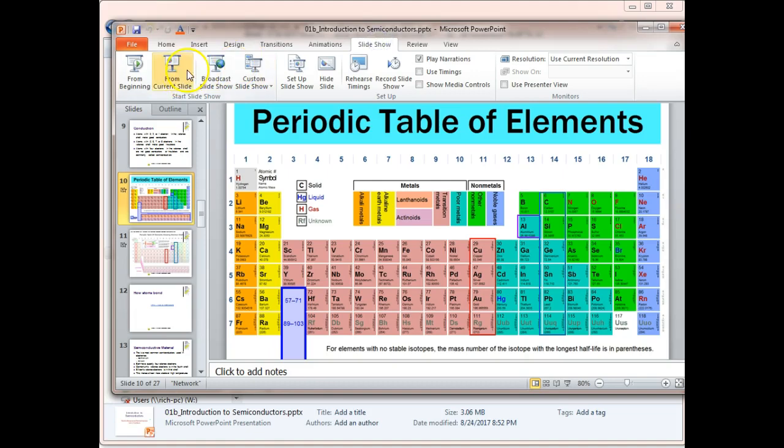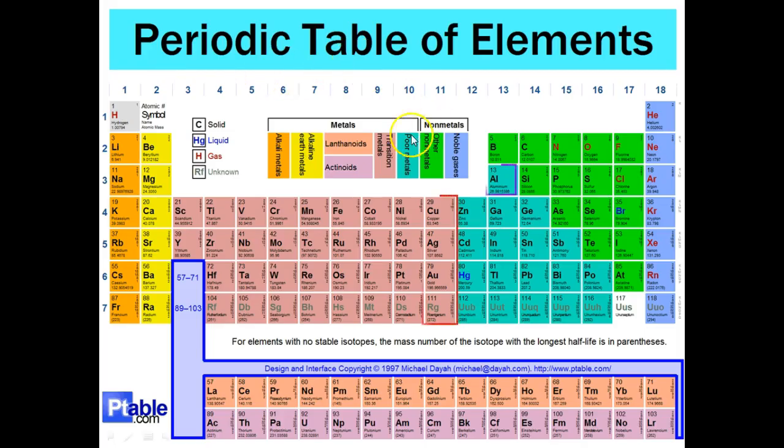I don't know if y'all can see this or not. But here are our conductors right there. I know it's hard to see, but this is the layout of the shells. Can y'all see what that says right there? It says 1. That's the valence shell. This says 1. This says 1. This is copper. This is silver. This is gold. And this is another, a gaseous or real soft metal that we can't use.